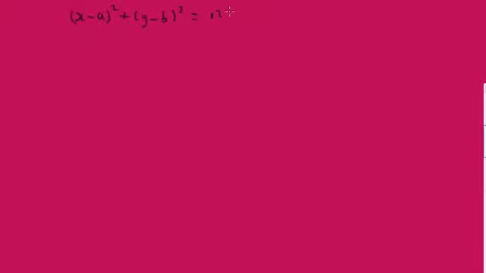Now if we expand the equation, that's going to give us x squared minus 2ax plus a squared plus y squared minus 2by plus b squared equals r squared. So you can expand that for yourself and you'll get this.